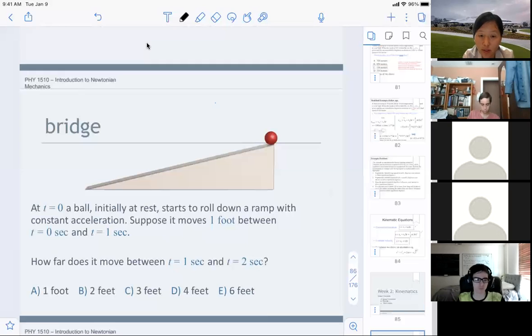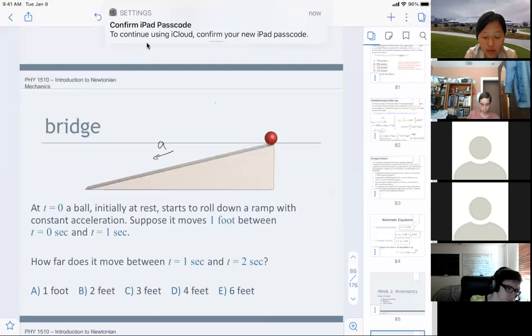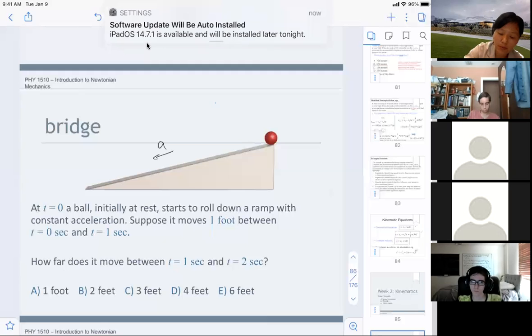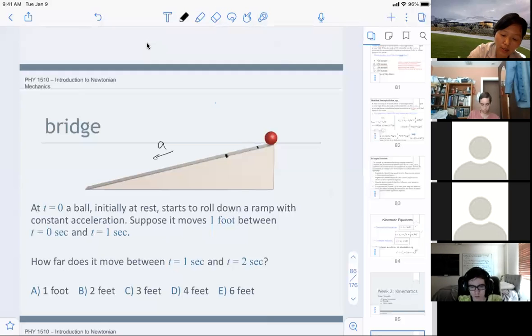When the ball rolls down the ramp, it is speeding up. The speed will increase in a steady way. But if you look at the distance it travels, it gets further and further. So how do you calculate the distance it traveled between 1 second and 2 seconds? Let's say at 1 second it is here, and at 2 seconds it got here, right? So how do you find this distance?